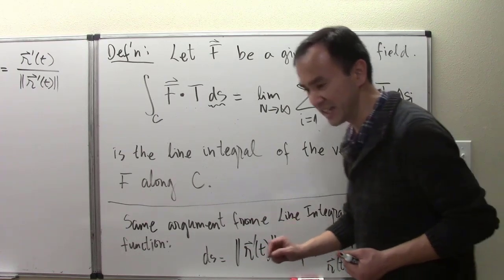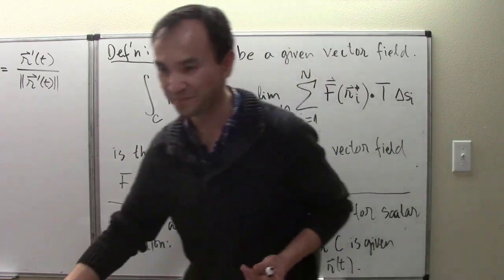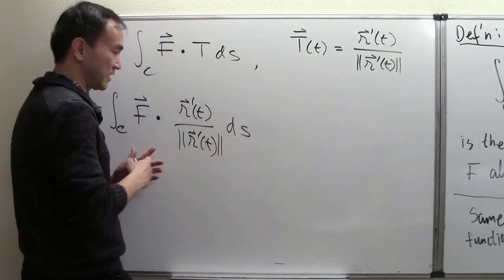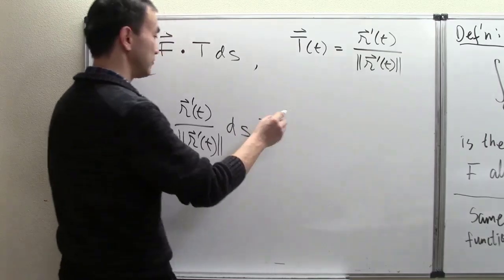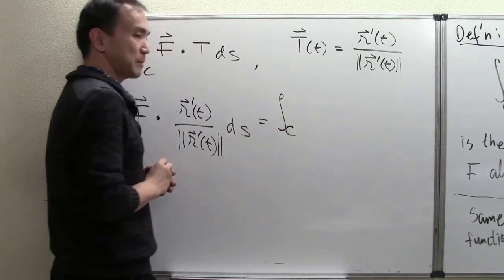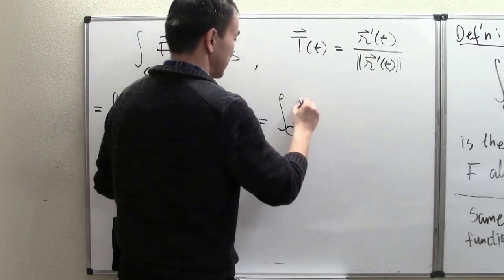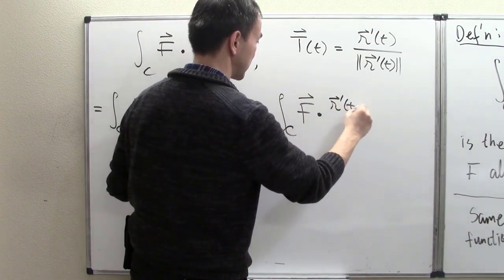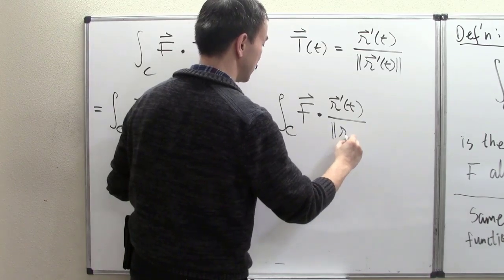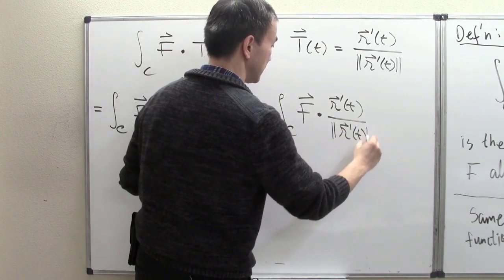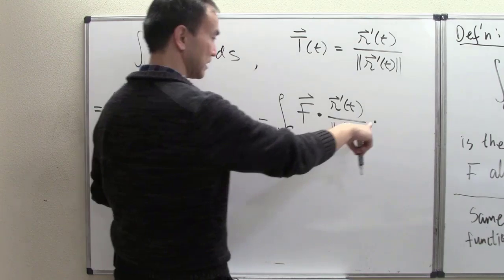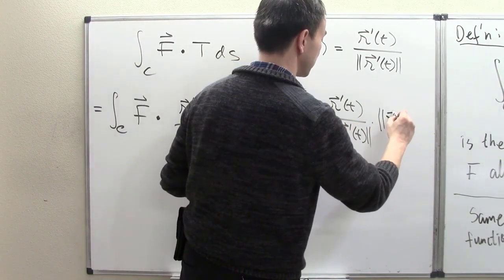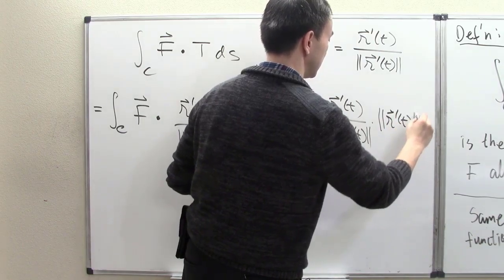And so in that case, I can use this information and substitute that for ds. In the next step, I'm looking at the integral along the space curve C of the vector field F in dot product with R prime of t as a vector over the magnitude of R prime of t as a scalar, and it's really a multiplication, times the magnitude of R prime of t times dt.